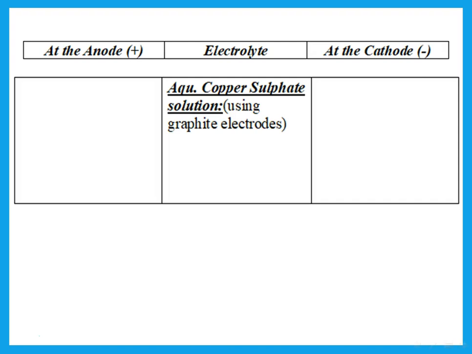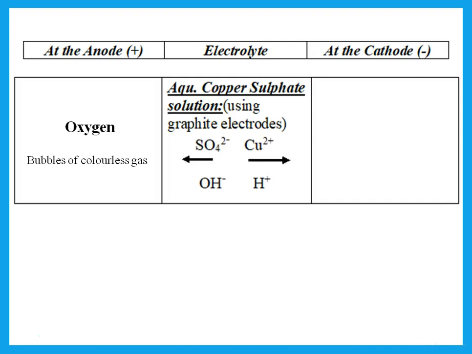In aqueous copper sulfate, if I'm using graphite electrodes, then what happens is I have a choice between sulfate and hydroxide. Remember, sulfate never reacts. So it is the hydroxide that will react to give oxygen gas. On the other end, I have a choice between the copper ions and the H plus ions.